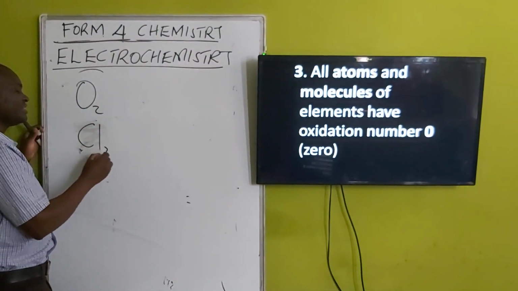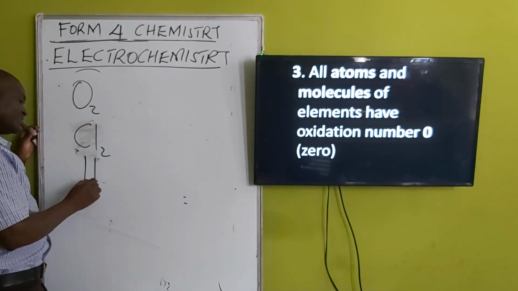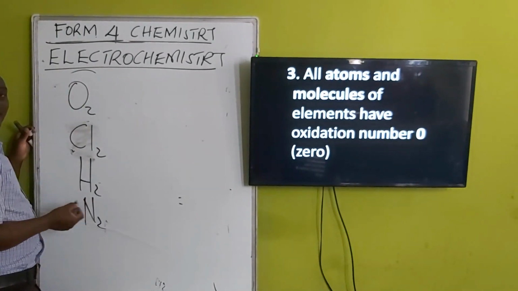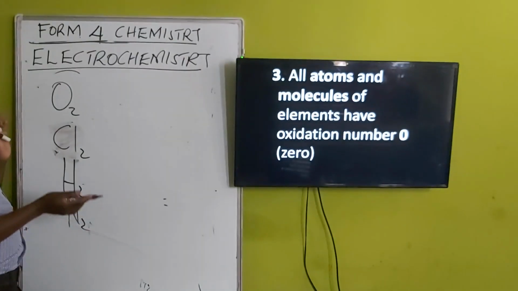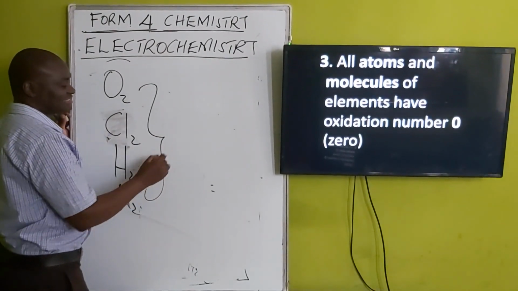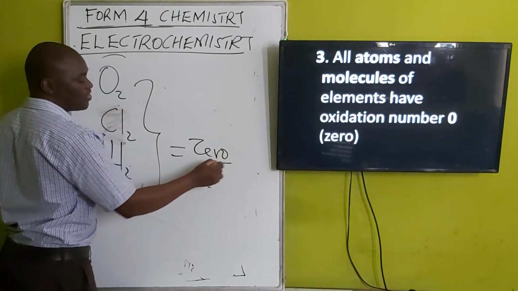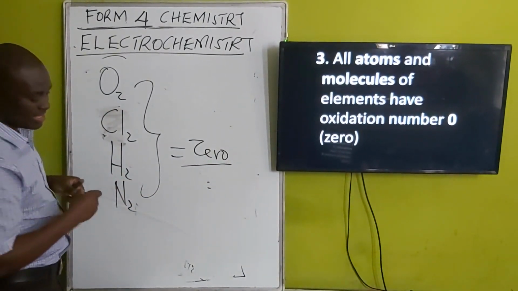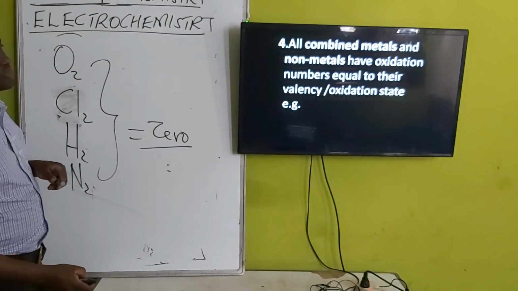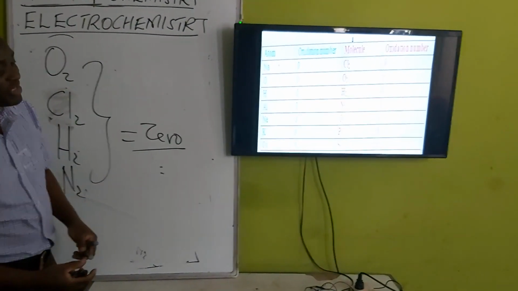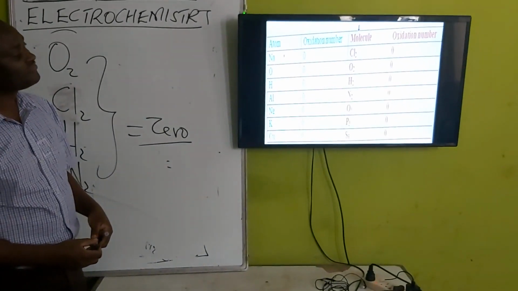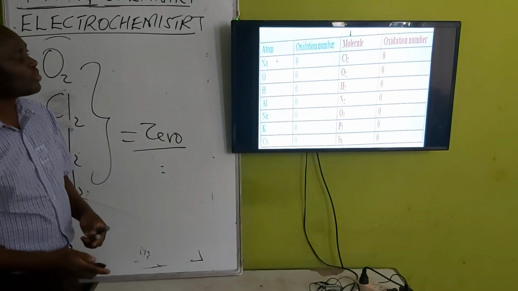Something like chlorine, hydrogen, nitrogen. So elements in molecular states are normally assigned 0 oxidation number. That table is just an example showing free atoms and also molecules.